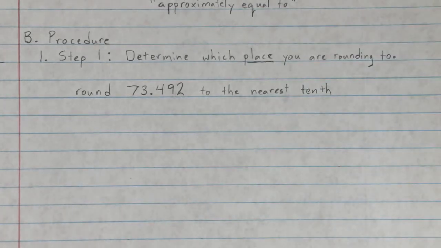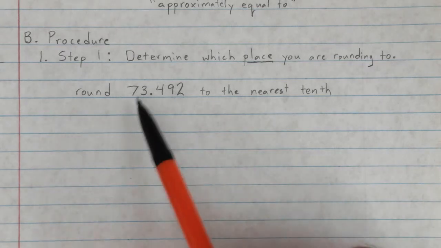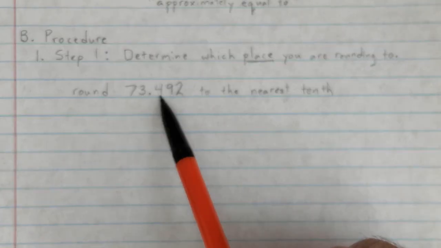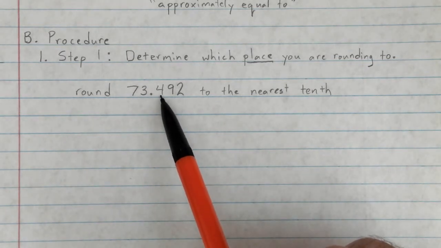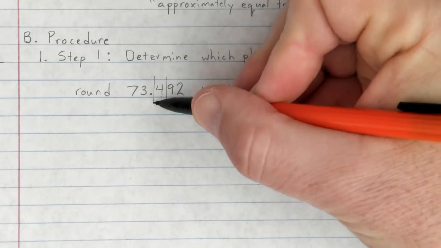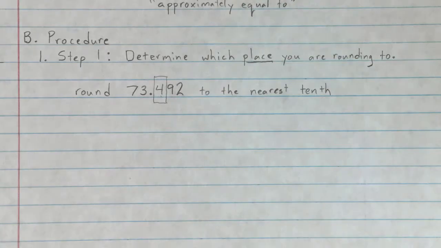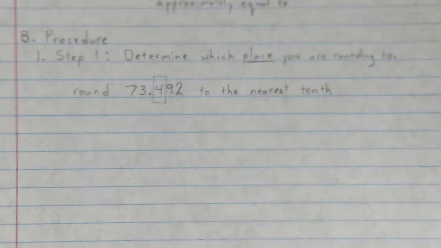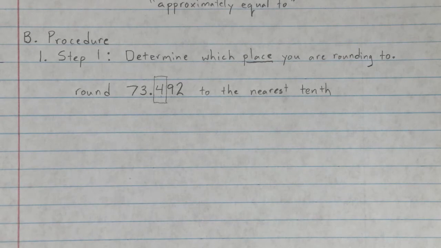Then I need to find the tenths column. I need to think back to my place value charts, what we've been practicing. Tenths. This digit is in the tenths column. So I'm going to put a little box around it just to help me remember that's what I'm looking at. That digit is where we're going to be focused for a little while.